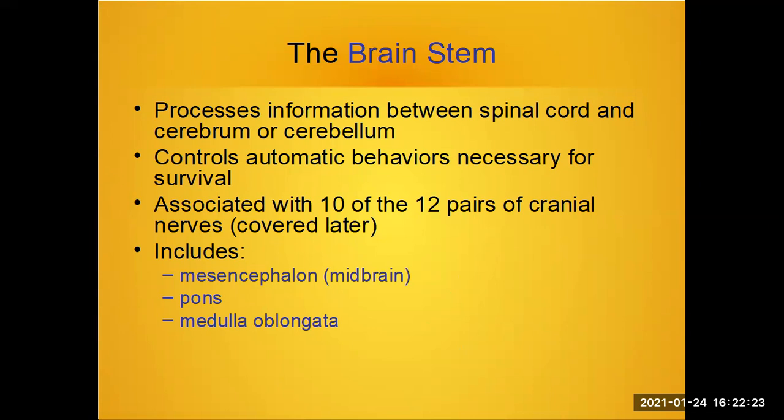So, the brainstem processes information between the spinal cord and cerebrum or cerebellum, controls automatic behaviors necessary for survival, and is associated with 10 of the 12 pairs of cranial nerves, covered later. It includes mesencephalon (midbrain), pons, and medulla oblongata.